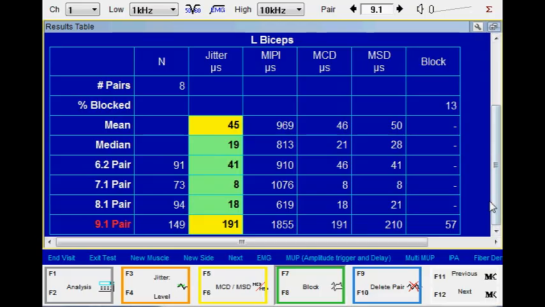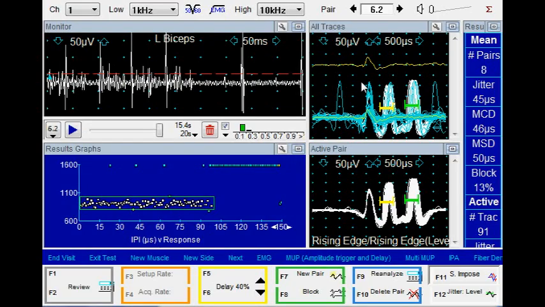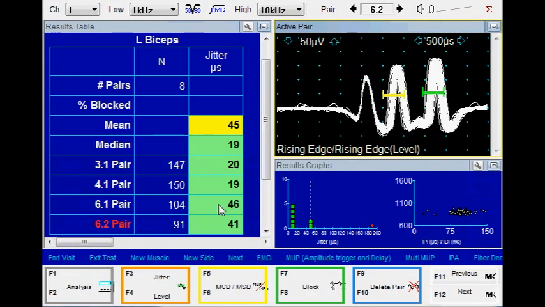If I wanted to have a quick look at a particular recording, I can click on that action potential pair, and I can go back into the analysis mode to review the data and to make any corrections if necessary. I'm going to go back into the review mode.